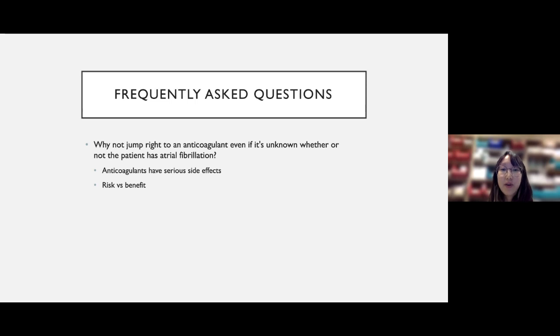So really, we don't want to put patients at this increased risk of bleeding if it's not necessary, because it's possible that it may lead to like an intracranial hemorrhage, which can be quite severe. So because of that severe and serious risk of bleeding, that's usually why we're not going to jump right into an anticoagulant unless a patient is actually diagnosed with having atrial fibrillation. So it's all a risk versus benefit.